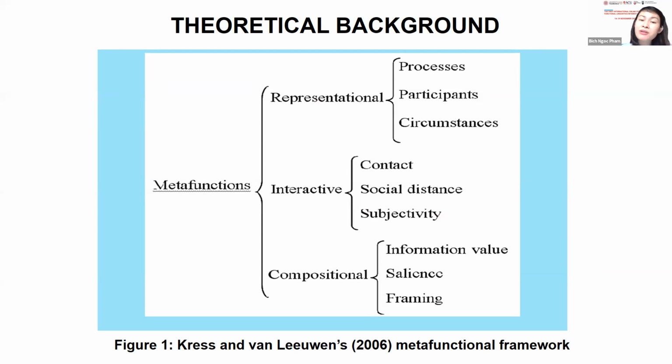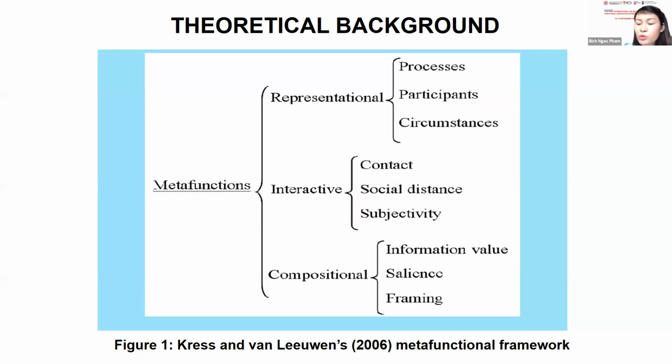To start with, the representational metafunction includes three main elements: processes, participants, and circumstances.